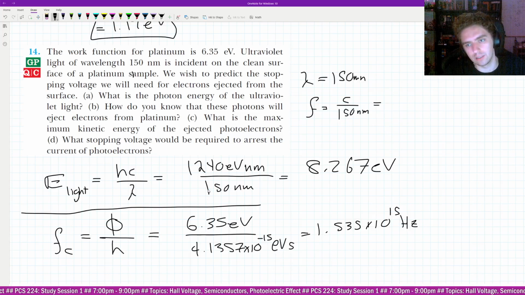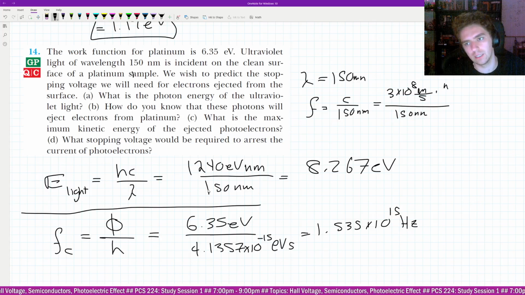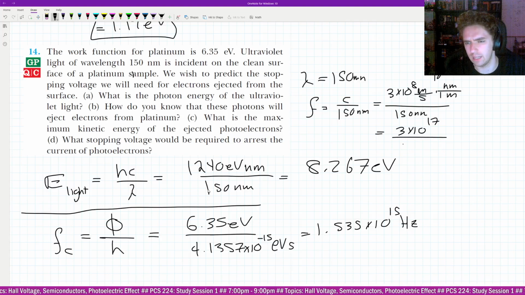You need to convert. It's 3 times 10 to the 8 meters per second over 150 nanometers, but I need to convert the meters to nanometers. So 1 meter has 10 to the 9 nanometers. Yeah, that's right. So it's going to be 3 times 10 to the 17 nanometers per second.